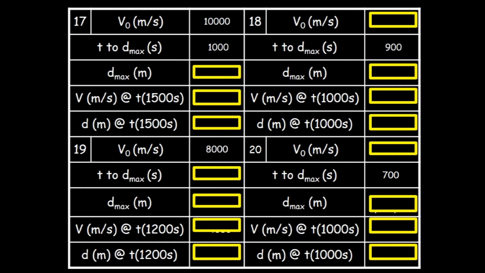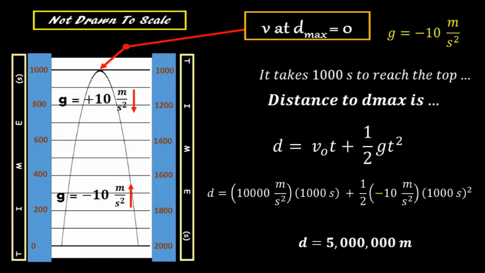Well, you should be able to do this by now using negative g, so it'd be 10,000 times 1,000 minus 1/2 times 10 times 1,000 squared, and that should be d max. Pretty straightforward. You'll get 5 million.